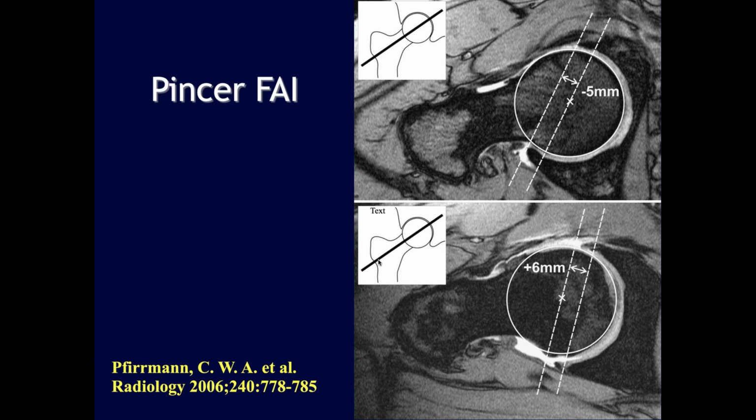Yeah, so this is overcoverage, and there's a debate about how to best do this. One technique that Fearman from Europe uses is you get the center of the acetabular head in the oblique axial images, draw a line through the center, and then draw a line through the bony margins of the acetabulum anterior to posteriorly, and the acetabular line should be medial to the center line.